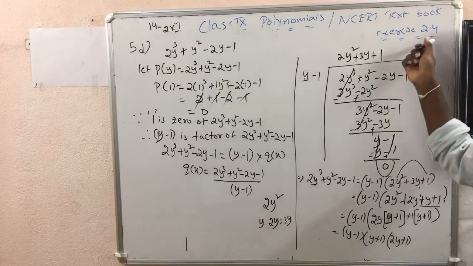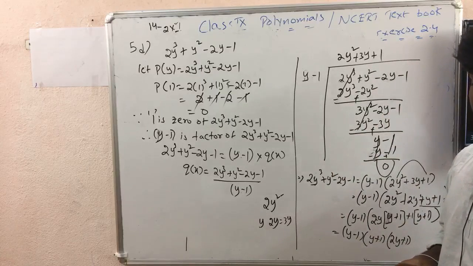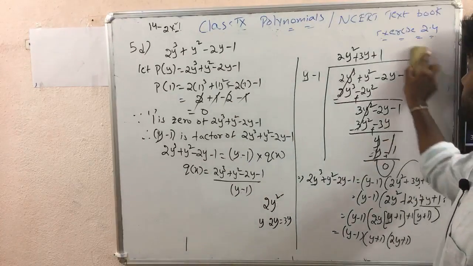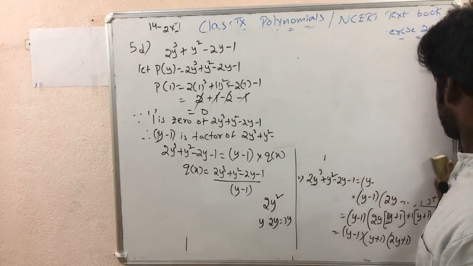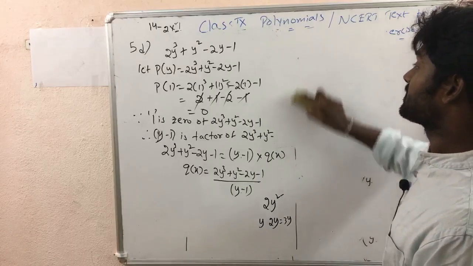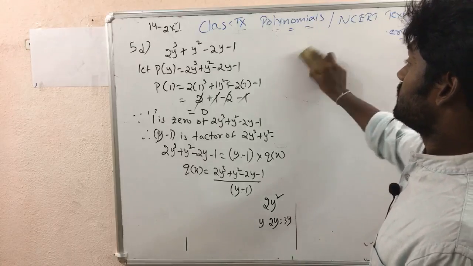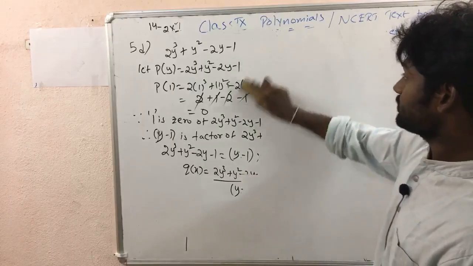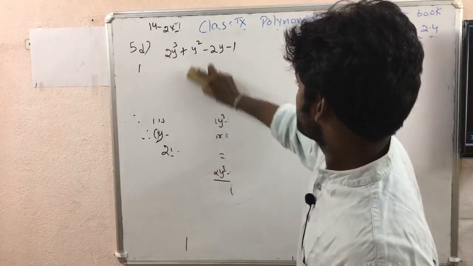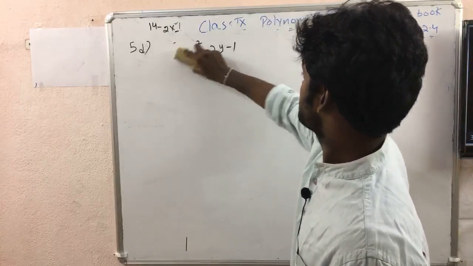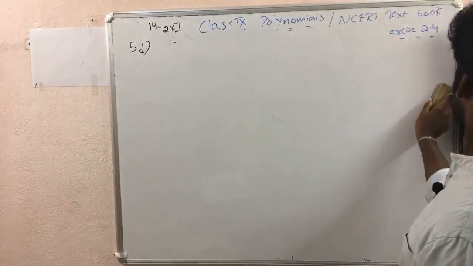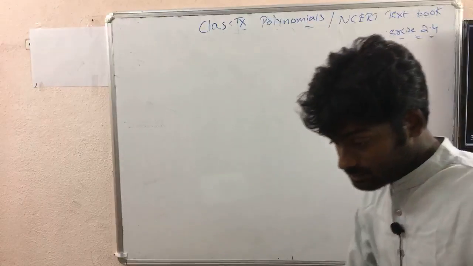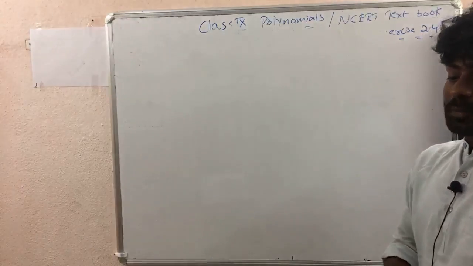With this we completed exercise 2.4. Okay, now we are moving on to algebraic identities.